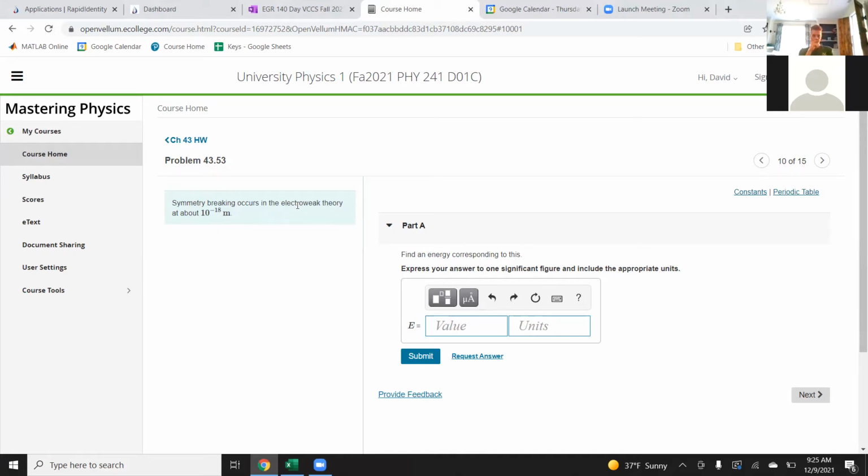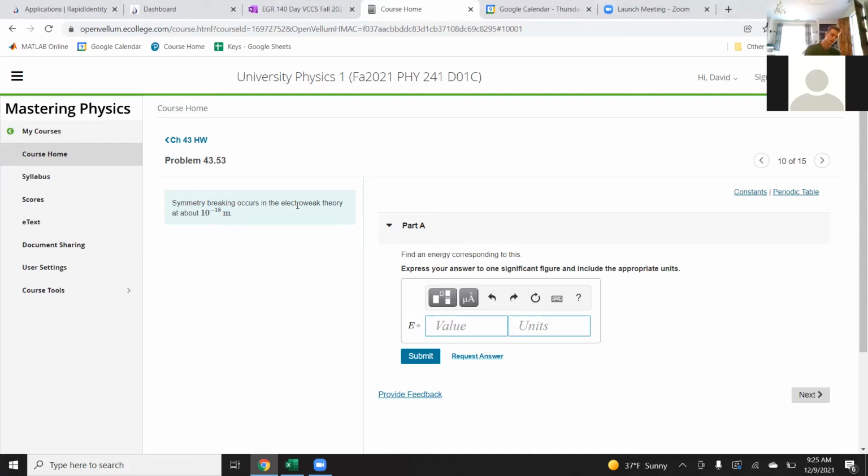I didn't miss anything. It just said symmetry breaking occurs in the electroweak theory at about 10 to the negative 18th meters, and they ask us to find an energy corresponding to this. It didn't even tell you what units it wanted. Yeah, you can come up with the units.